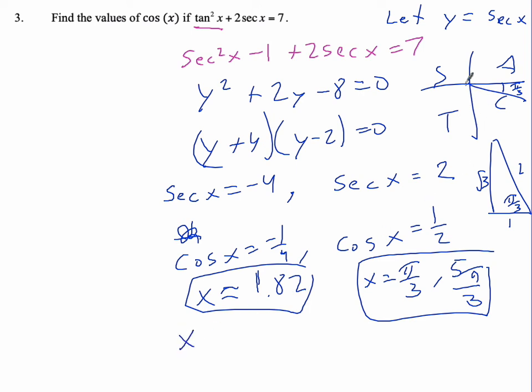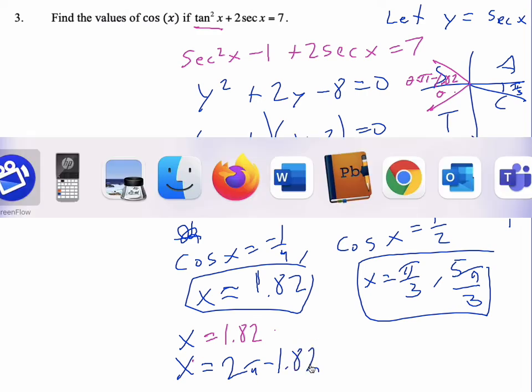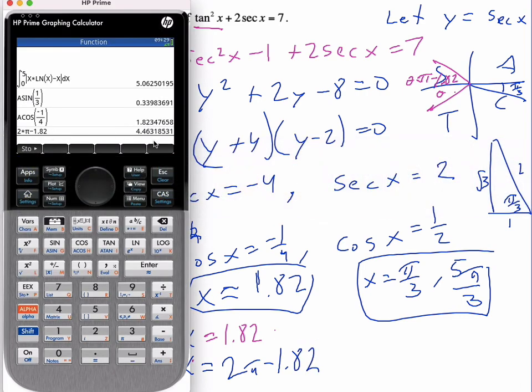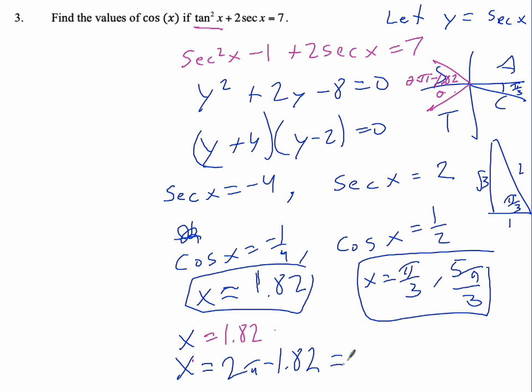Another answer would be, this 1.82 is over here. The other answer would be 180 minus, or pi minus 1.82 is right there. Is the reference angle, so you got to do pi plus the reference angle to get, you get 2 pi minus 1.82, which is 4.46. So we get 4 answers from that one there.